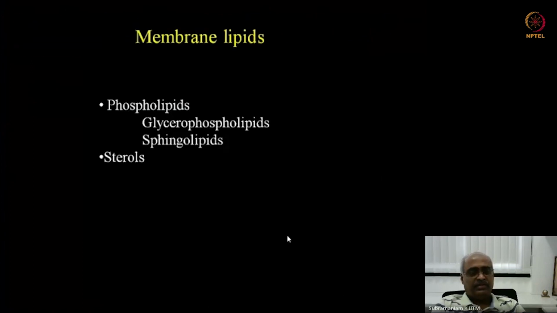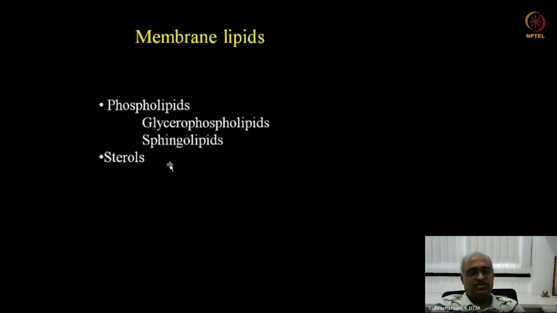The next class is a major one, the phospholipids, the membrane lipids. We already know about these. Phospholipids have the head group, which is the glycerol, where you can have hydrophilic moieties.